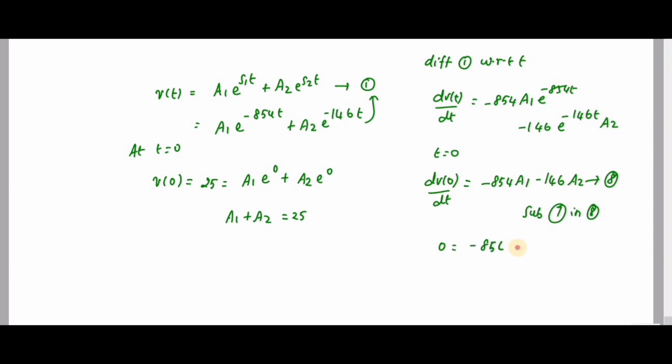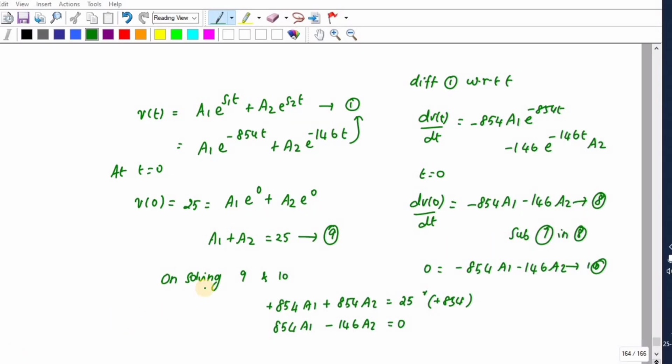So this is your 9th equation, and this is your 10th equation. In the 9th equation, you multiply by 854. So you will get like this, and you can solve. So you have two linear equations.